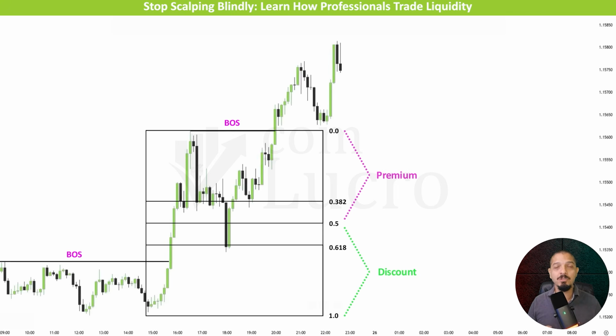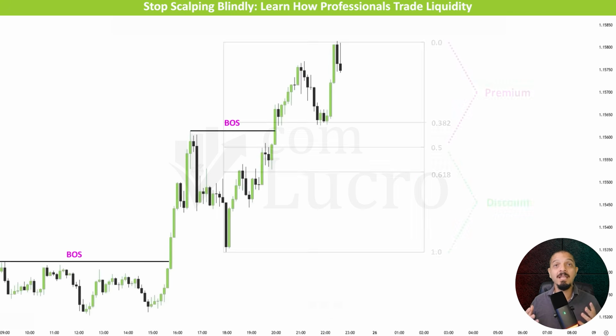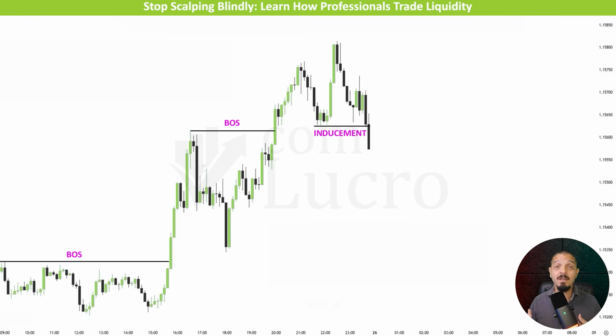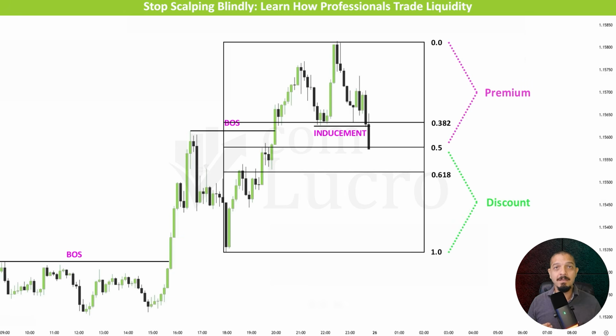Next, our attention shifts to the impulse expansion leg that produced this confirmed break of structure. Later, when price moves below the most recent internal low located in the premium area, which serves as inducement, two confirmations occur simultaneously. First, the bullish expansion leg is complete. Second, this swing high becomes the upper boundary of the trading range. This sequence is what defines a valid trading range.